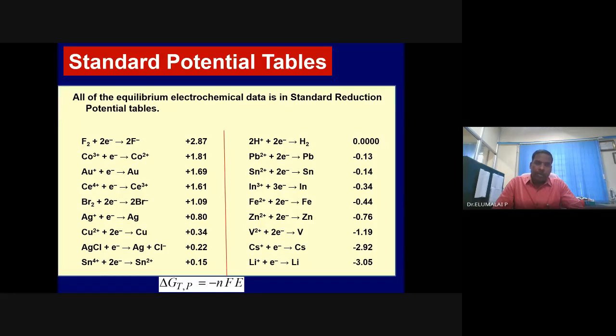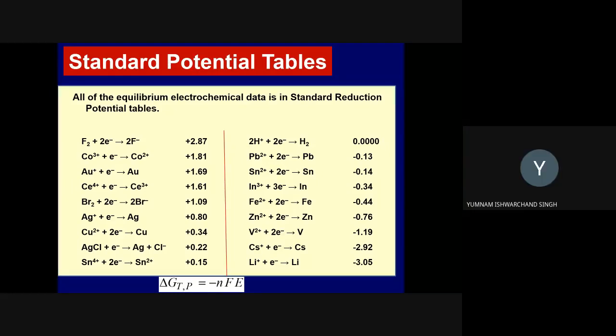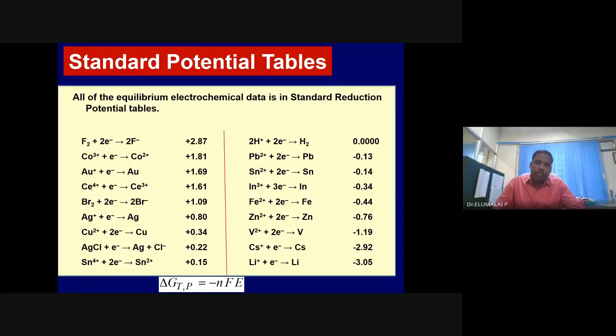Identify which electrode reactions are spontaneous, which are not. For delta G to be negative, E should be positive. So the clue is, to get negative delta G, E must be positive.